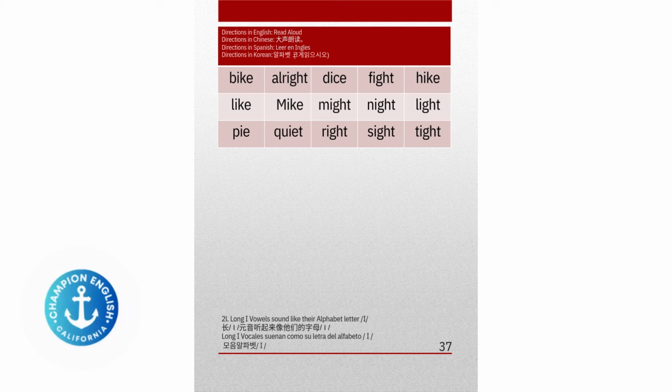Now let's go on to the long I words like bike, all right, dice, fight, hike, like, Mike, might, night, light, pie, quiet, right, sight, and tight.